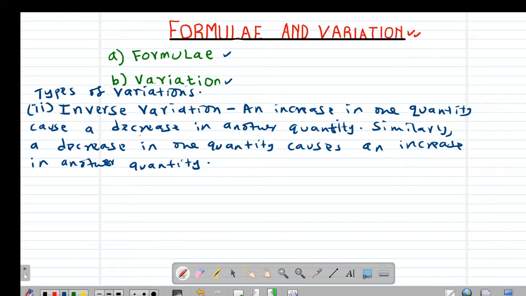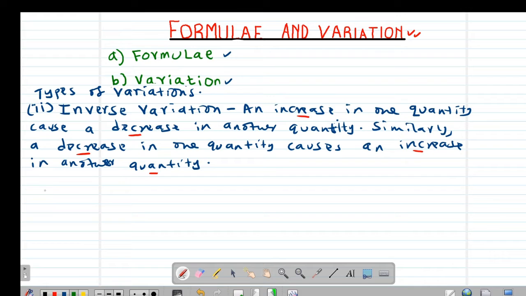So this is what we are calling inverse variation. If one quantity increases, it leads to a decrease in another quantity B. Then if one quantity decreases, it will lead to an increase in another quantity B.